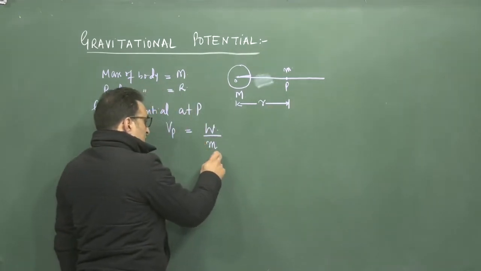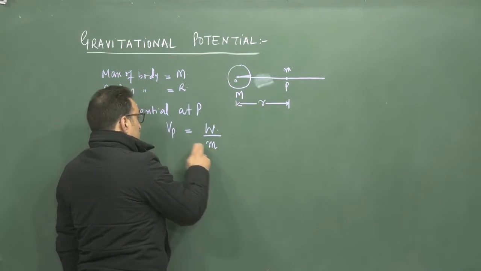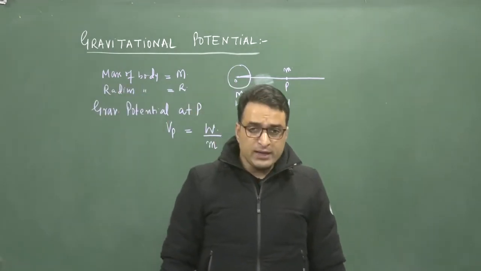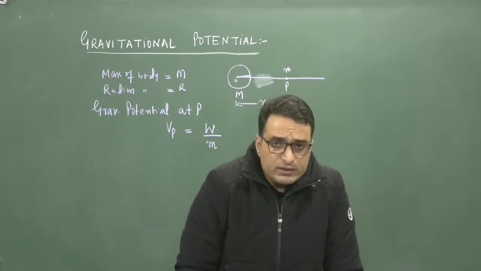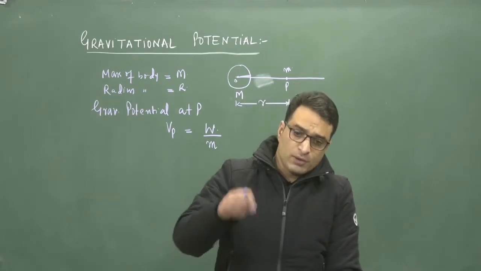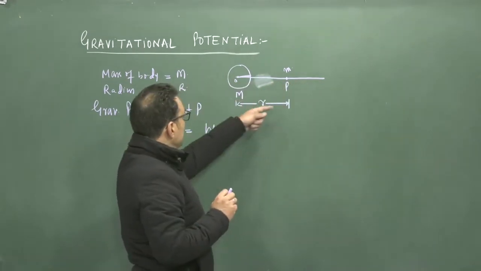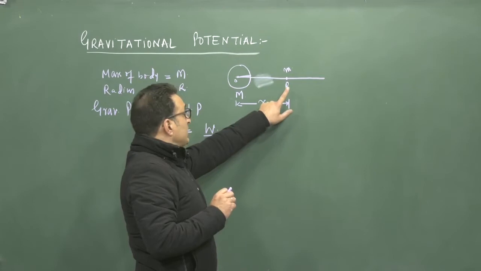Now if we put m equals 1, we are left with Vp equals W. This means that the amount of work done in bringing the body of unit mass from infinity to the given point is known as the gravitational potential at that point.